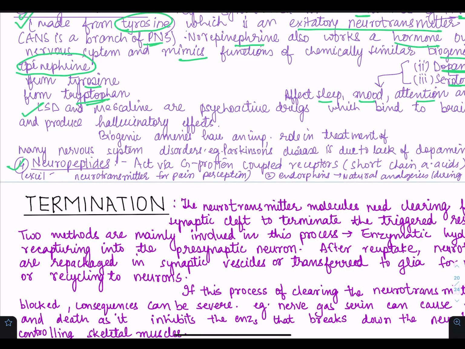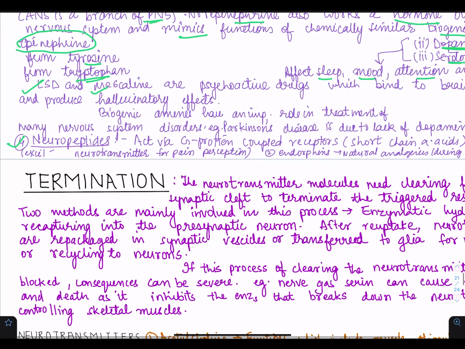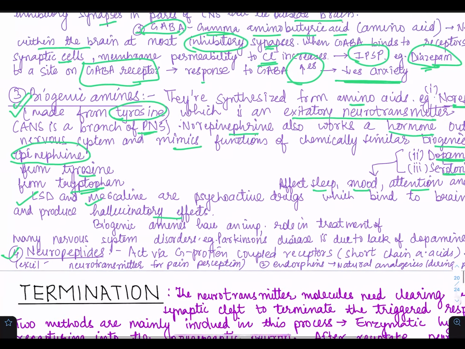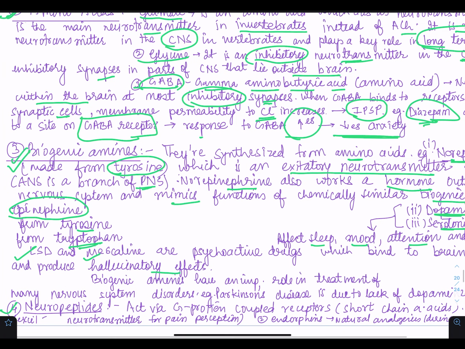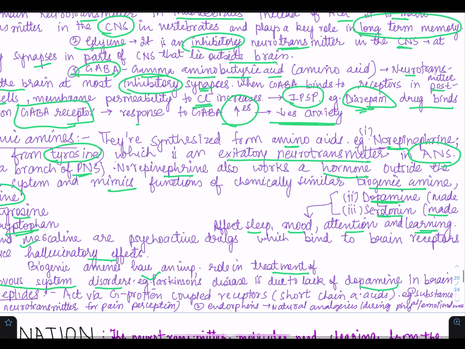LSD and mescaline are psychoactive drugs which bind to brain receptors and produce hallucinatory effects. Biogenic amines have an important role in the treatment of many nervous system disorders. For example, Parkinson's disease is due to lack of dopamine in the brain.